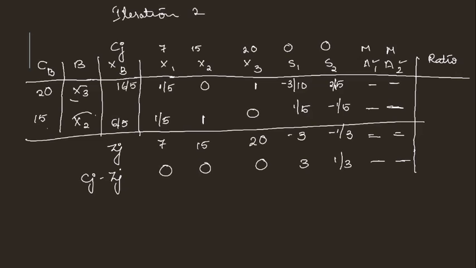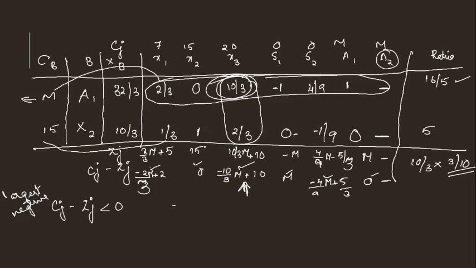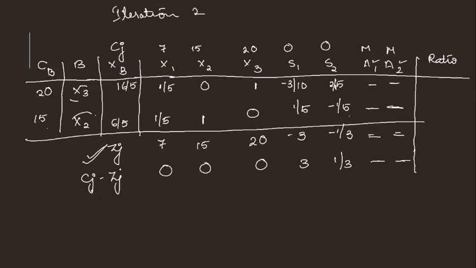And yes, so this is the second row, and after that you will have to find out zj. So how are you going to find out zj? In the same old method that you have adopted in the previous tables. Then you can find cj minus zj, where you get these values.